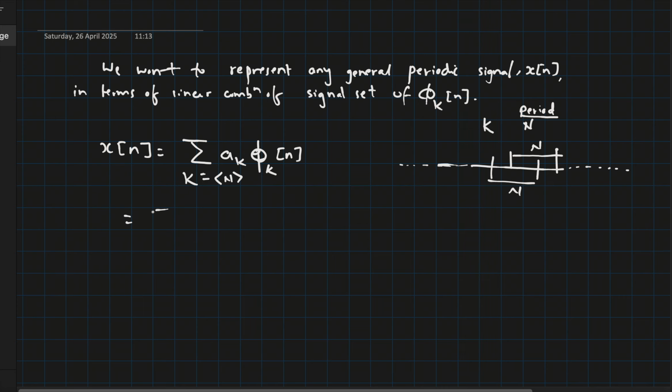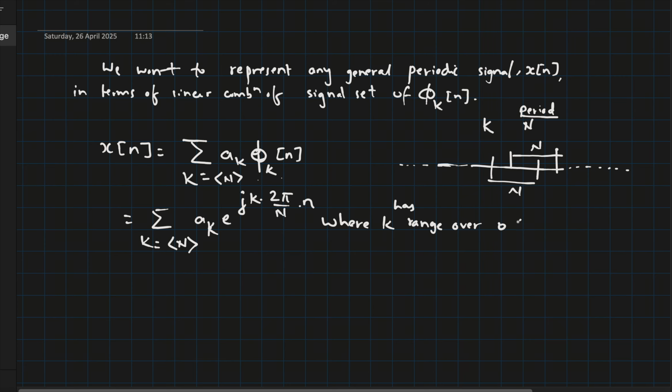It can be rearranged now as a k times e to the j k 2 pi by N n, where k ranges over 0 to N minus 1.